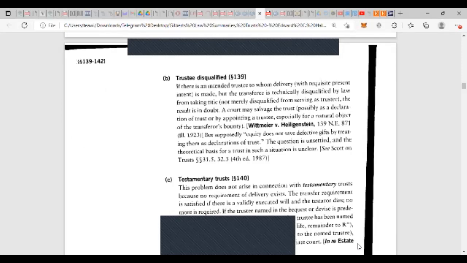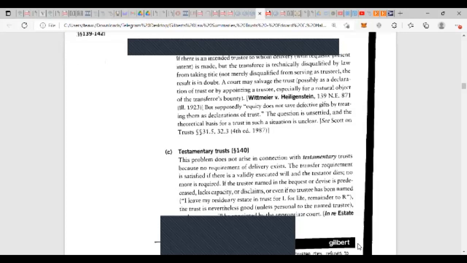Whitmire v. Heiligenstein, 1923. But supposedly, equity does not save defective gifts by treating them as declarations of trust. The question is unsettled, and the theoretical basis for a trust in such a situation is unclear. See Scott on Trusts, Section 31.5, Section 32.3, 4th edition, 1987.